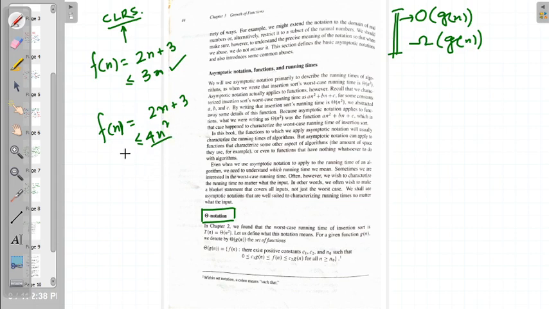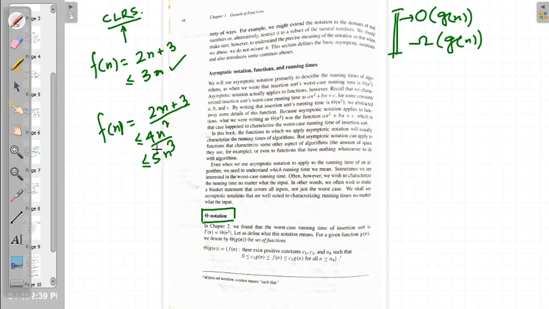That is also true by definition. If somebody says it is 5n cube, that is also true.